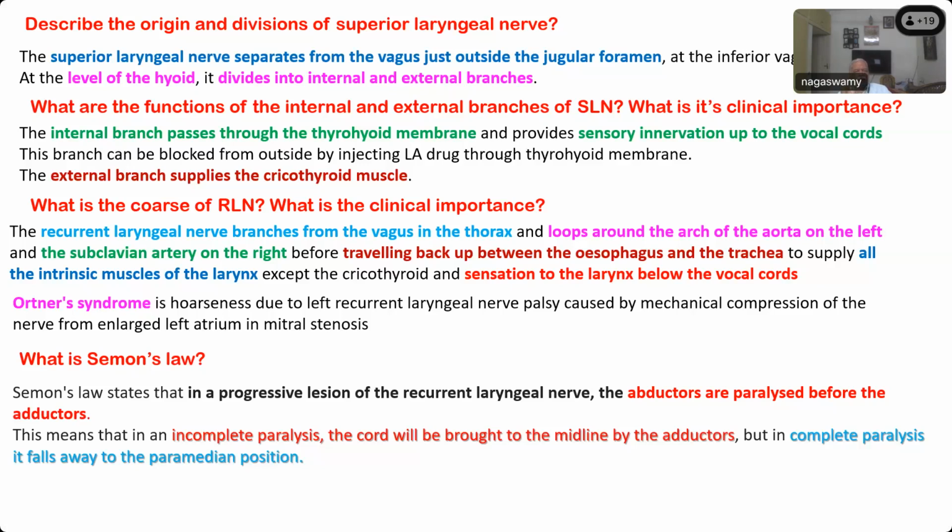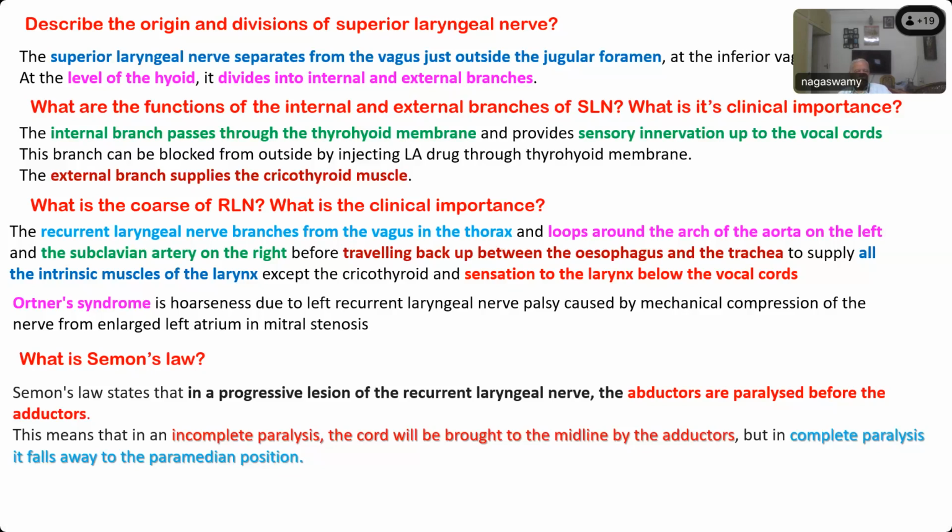So partial bilateral recurrent laryngeal nerve injury is the most dangerous airway obstruction because the adductors will come into full adduction in the midline, whereas total bilateral recurrent laryngeal nerve injury will assume what is called the cadaveric position with a small opening between the vocal cords. So the patient may still be able to breathe, but he will not be able to phonate, nor will he be able to protect his airway. He will aspirate.